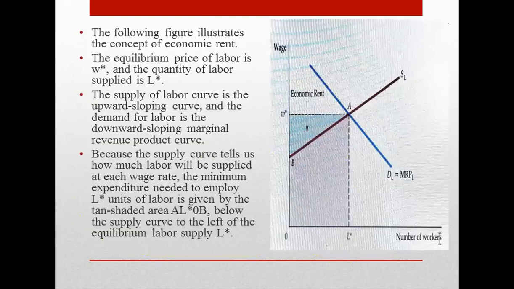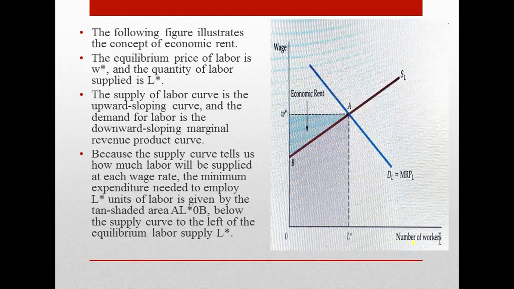Now, the following figure illustrates the concept of economic rent in detail. Here we are showing a market equilibrium. This figure shows the factor market equilibrium of the factor labor.